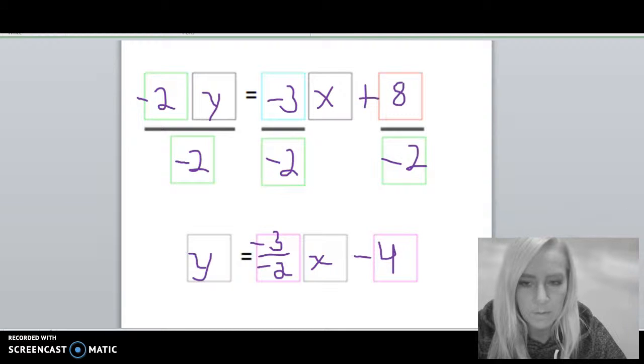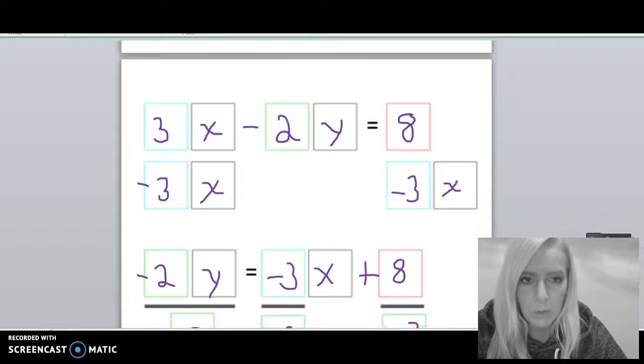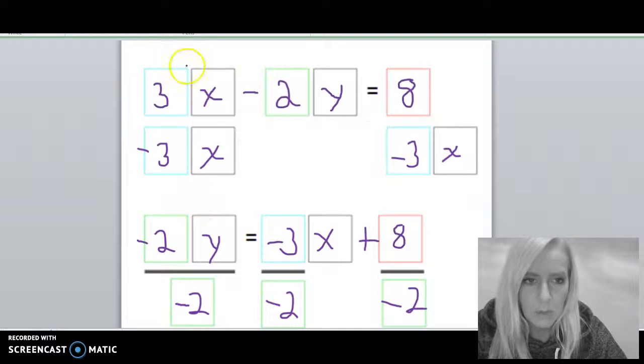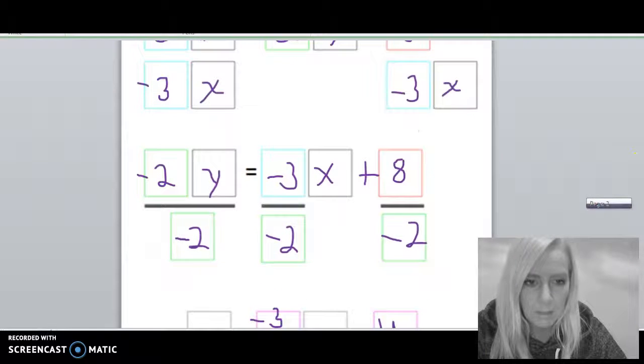So as a review, do the inverse of whatever your x term is. In this case, it's a positive 3x, so I'm going to subtract it. If it was negative, then I would add it. I'm going to put the term after the equal sign.